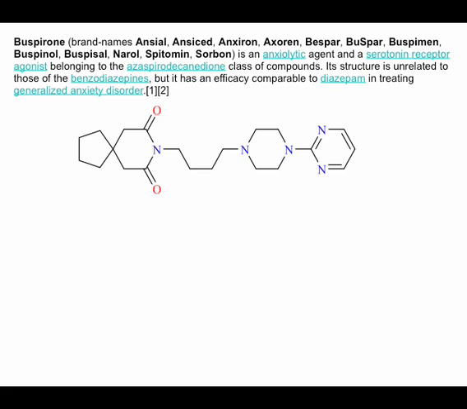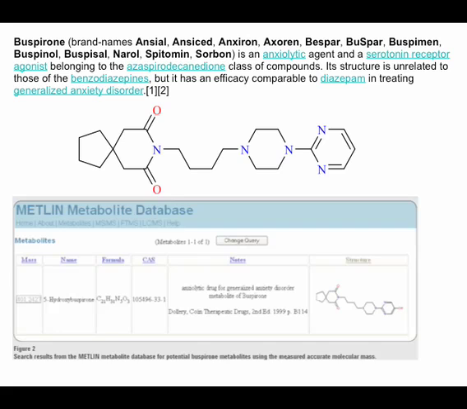Now I will use this example of buspirone to show you how a metabolite analysis can be done in bodily fluids. It's difficult to determine them, the metabolites.